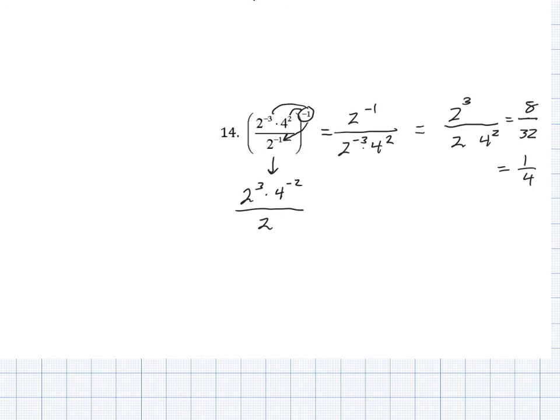So, does everyone see that there are 2 ways? Either flip it first and then deal with the exponents, or you can distribute the exponent to all these numbers. Only one or the other. Okay?